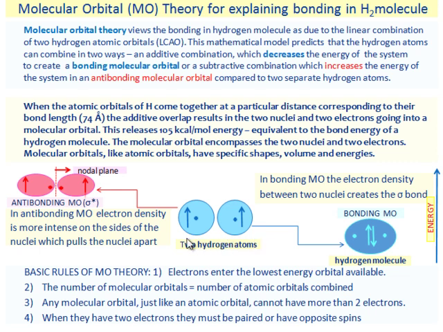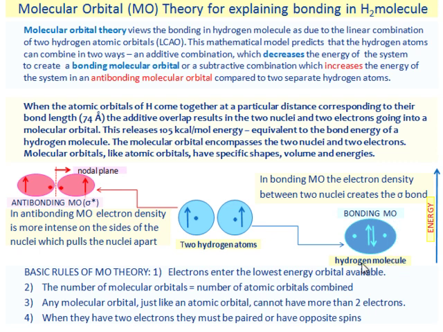When the atomic orbitals of hydrogen come together at a particular distance corresponding to their bond length, the additive overlap results in the two nuclei and the two electrons going into a molecular orbital.